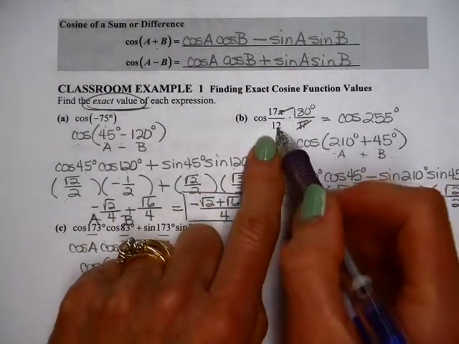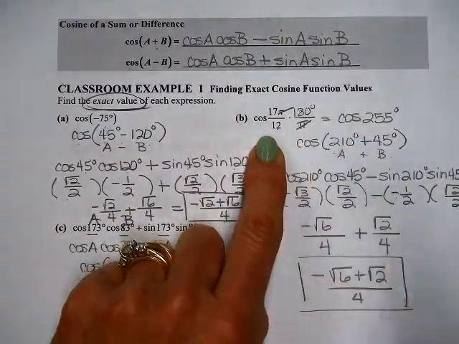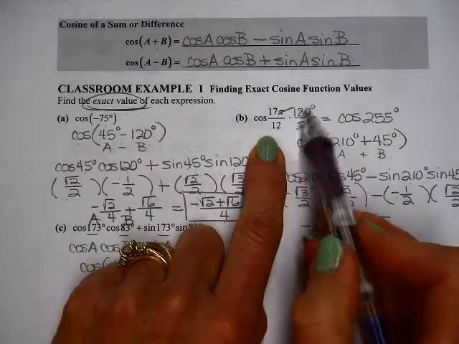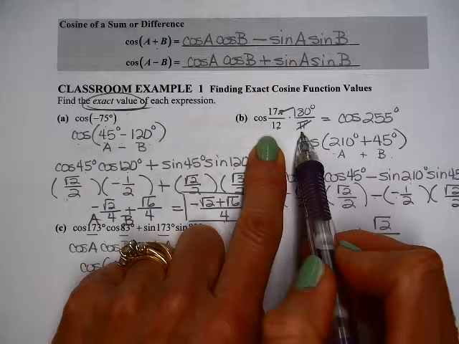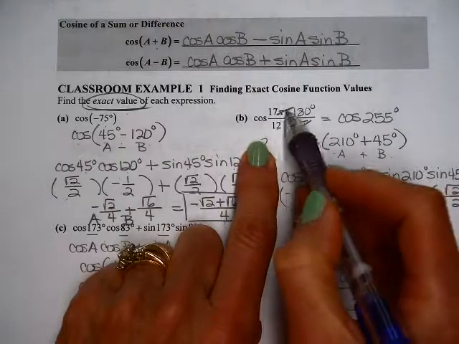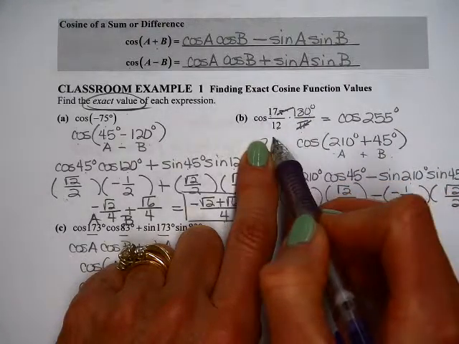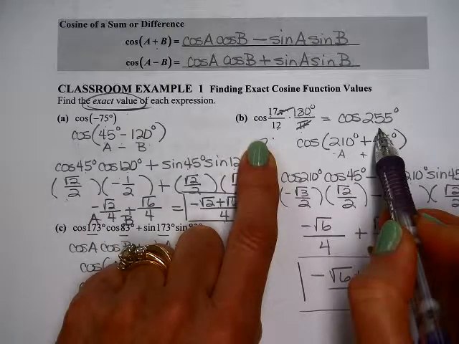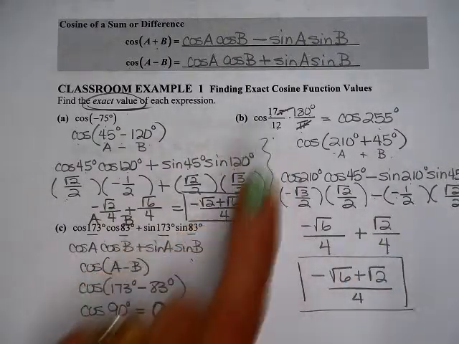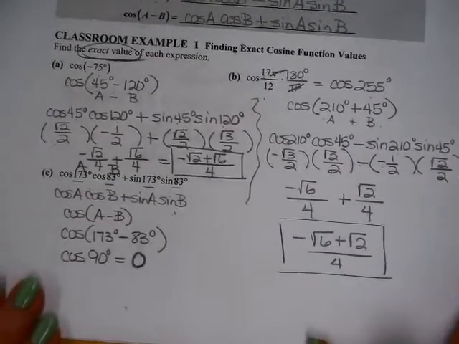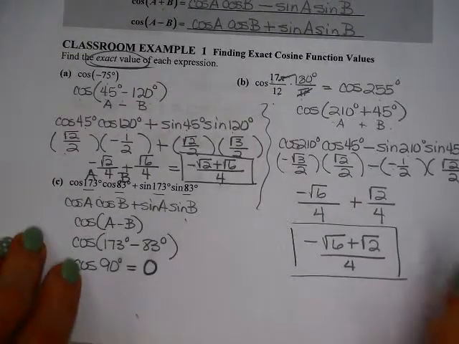Oh, I had 17 pi over 12. And to get it back to degrees, you always multiply by 180 over pi. Is that your question? So then I canceled the pi's, and then I multiplied 17 times 180 divided by 12 to get the 255. Is that your question? Okay. All right. What other questions before I flip this page?